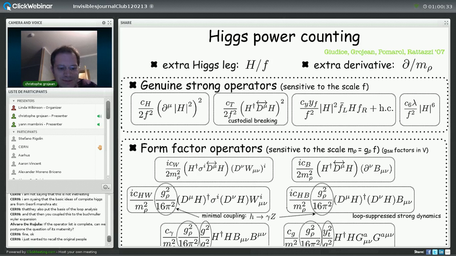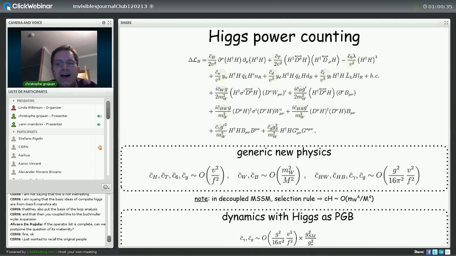Having this power counting basically gives you the different scaling of the Wilson coefficients that suppress all these dimension 6 operators.